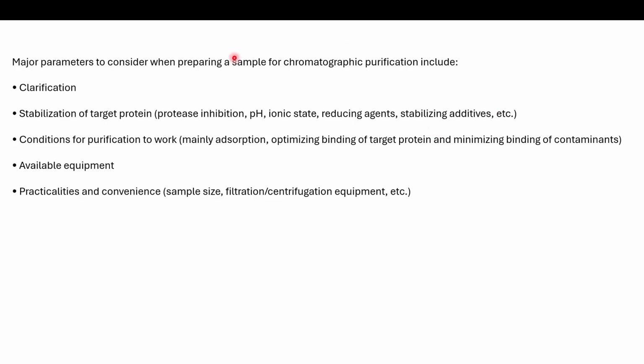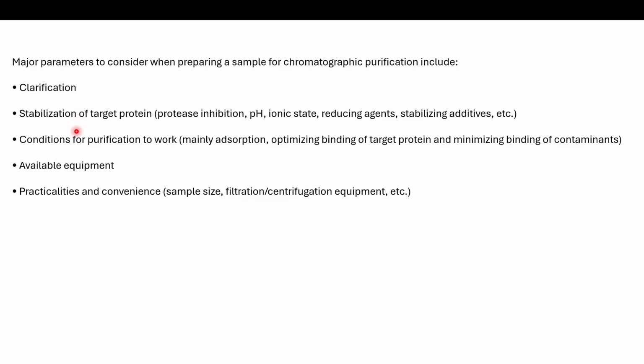Now, what are the major parameters that one should consider while preparing a sample for chromatographic purification? One is clarification. You have to really clear your lysate or sample from any kind of cell debris. You have basically disrupted the cells and taken out the intracellular content, right? So you have to clear the sample of cellular debris.